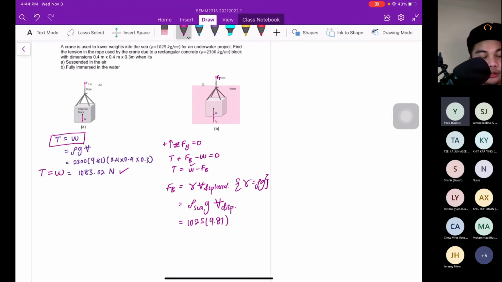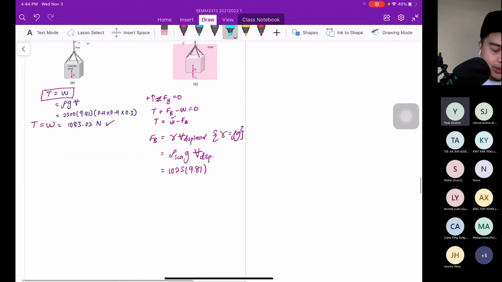The displaced volume, what do you think? Is it displaced 100% or displaced half-half, like a floating? You can see, it is fully immersed. So that means we must consider the volume fully immersed.